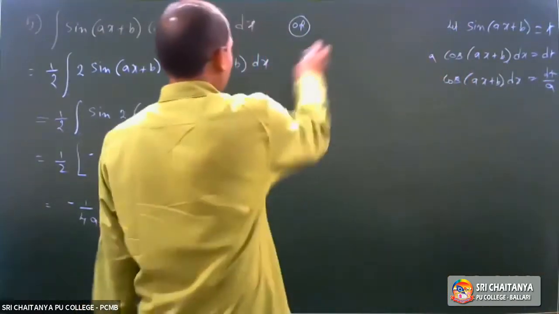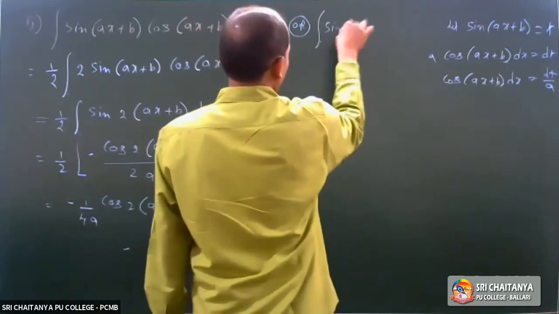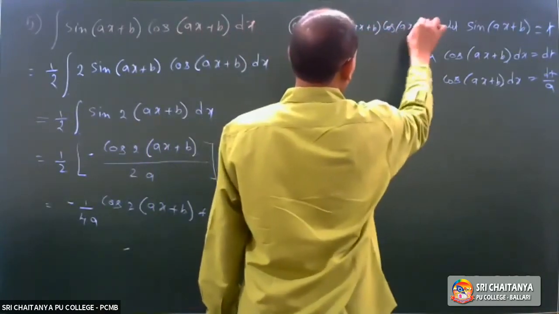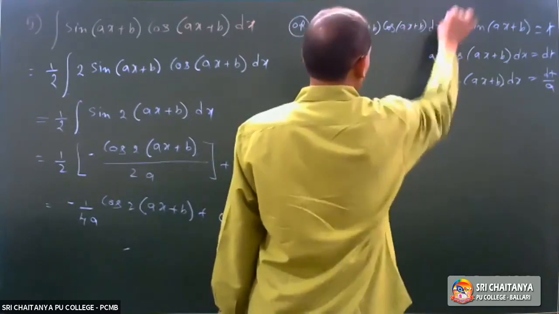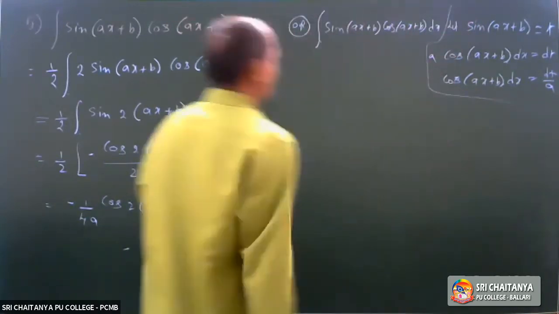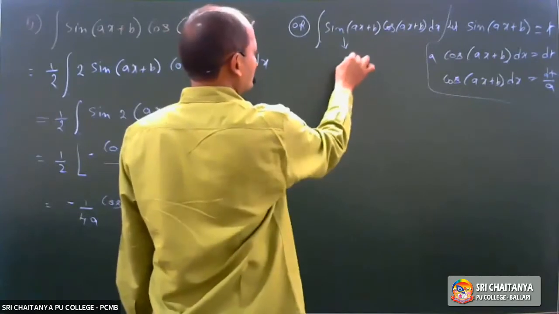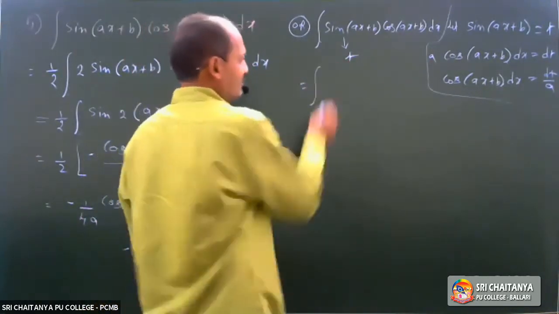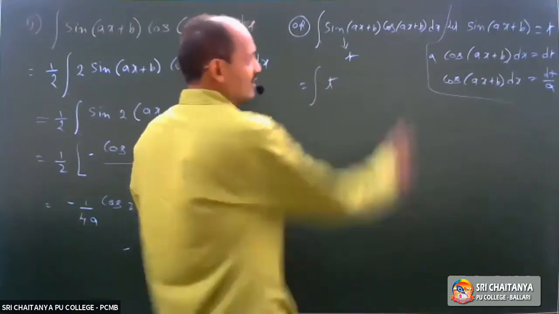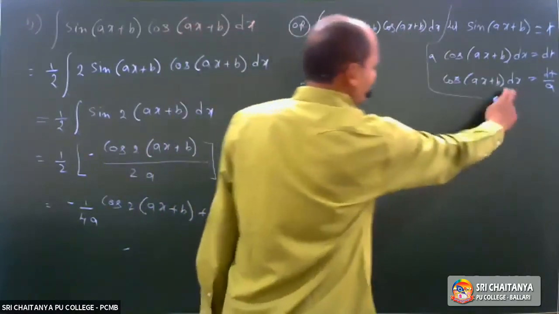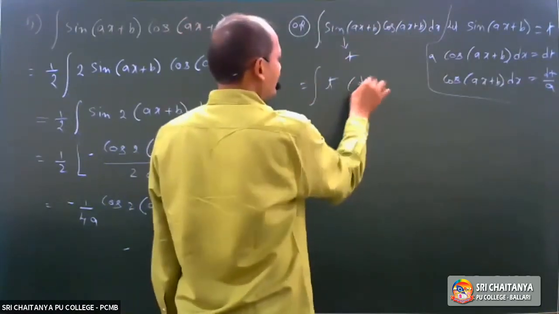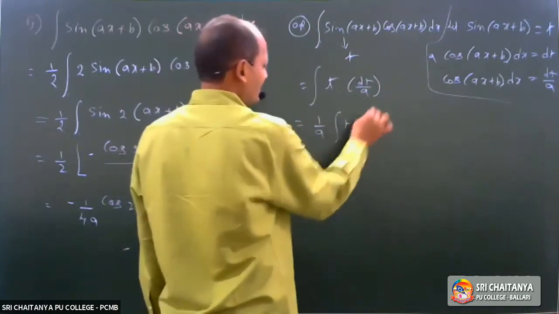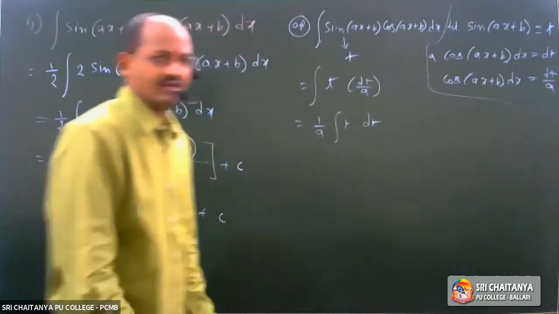Okay? It is the integral of sin of ax plus b into cos of ax plus b whole dx. So this sin we consider as t. So it is the integral of t, and cos of ax plus b dx is equal to dt divided by a. 1 by a integral of t dt.